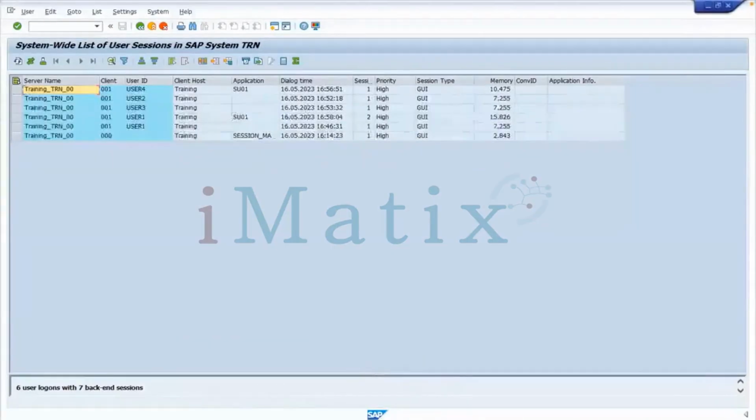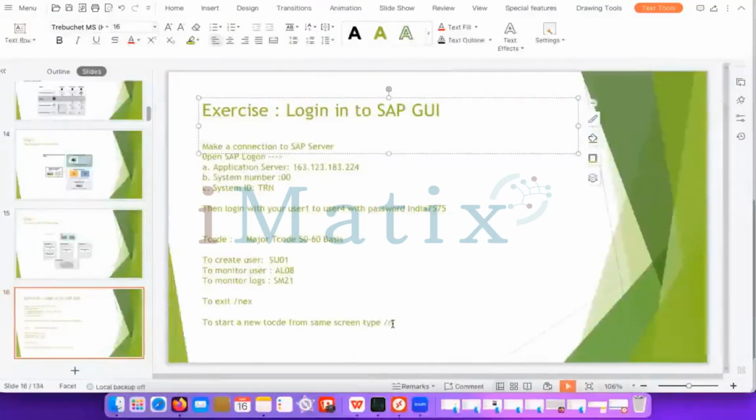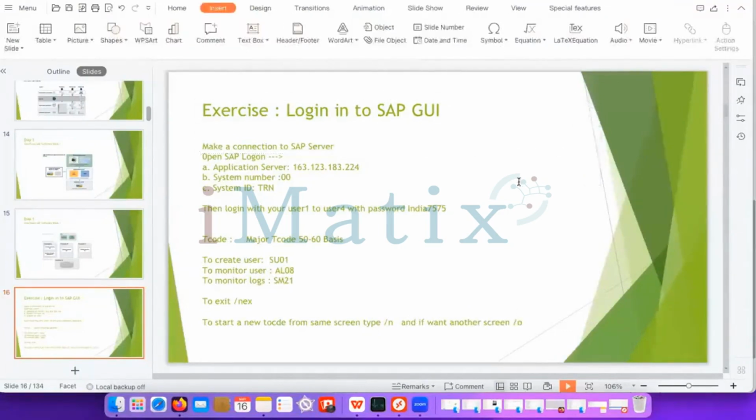One is this one, one is this one. /n to start a new T code from the same screen, and if you want another screen, then /o. Exit is /nx. This is just how you can work in the SAP system.